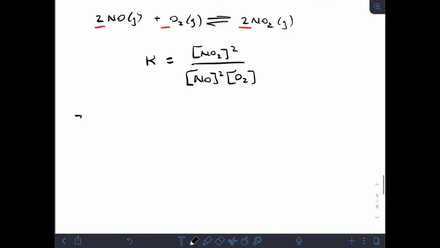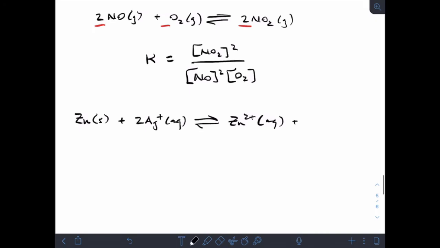Let's take a look at another one. Let's say I have some zinc solid plus some silver ion aqueous with zinc ion aqueous plus some silver solid.